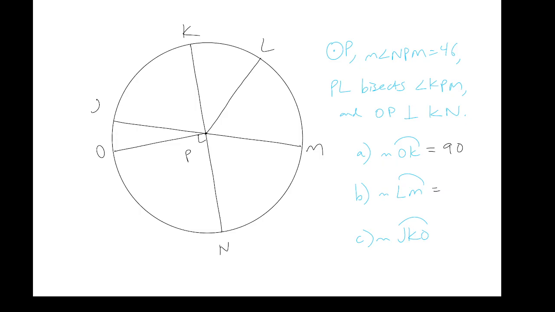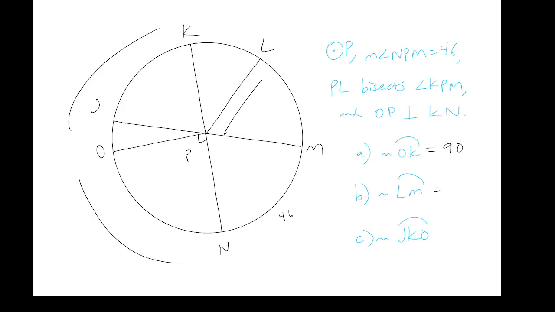A few ways to go about this. So this guy we need to find. How do we find this arc measurement? We have a few things. We know that NPM here is going to be 46, and we know that here's 90 and here's 90.